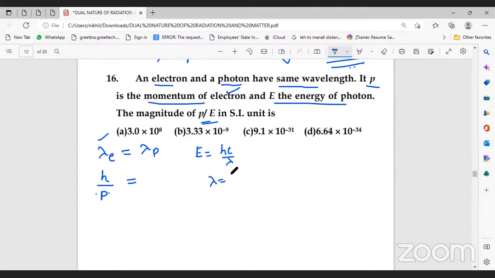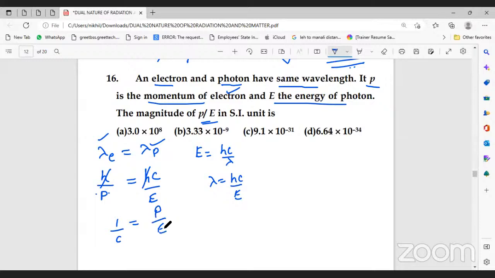So what is lambda then? hc by E. So the wavelength of the photon is given by hc divided by E. So h and h are going to get cancelled out. Do the cross multiplication. 1 by c is equal to p divided by E.